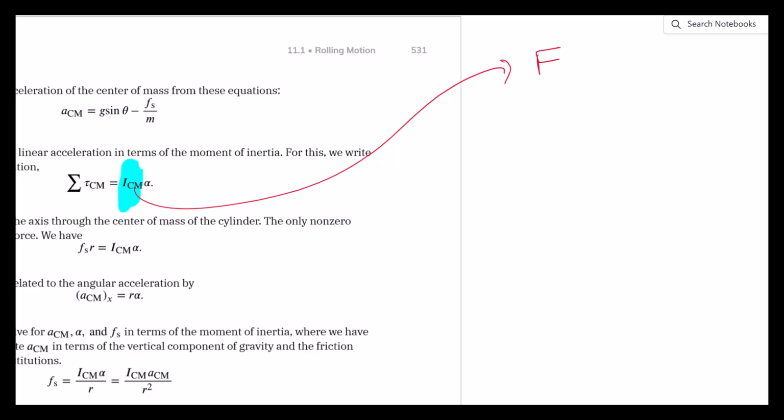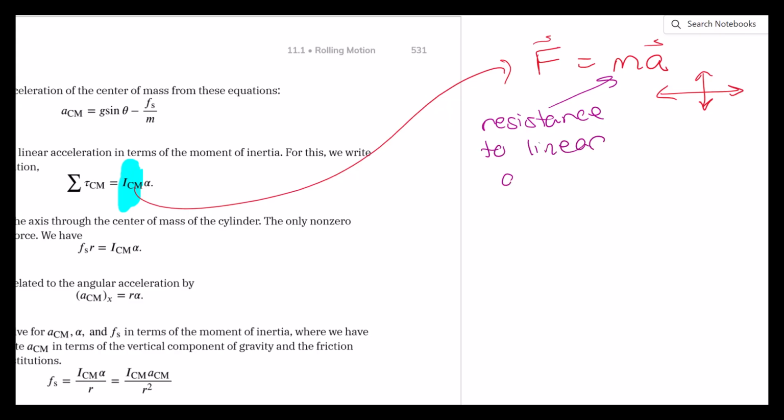Just like we have F equals mass times acceleration. Okay, that goes lefty, righty, uppy, downy. A way to think about mass is a resistance to linear acceleration. Okay, so the more massive you are, the harder it is to change your speed.